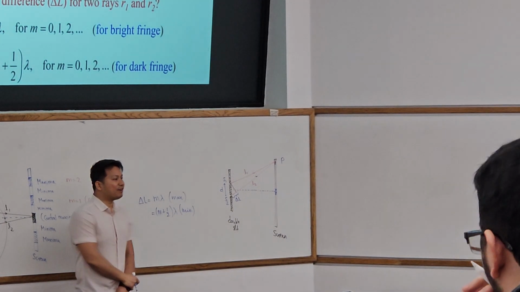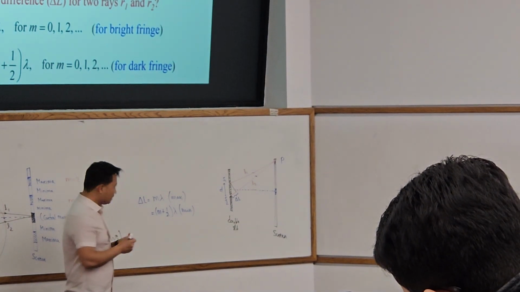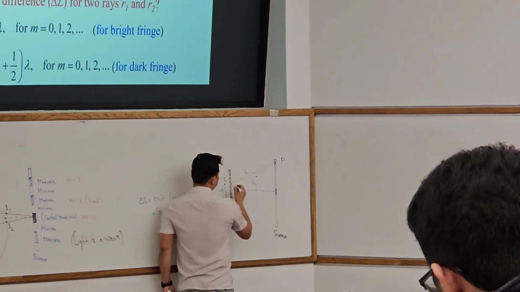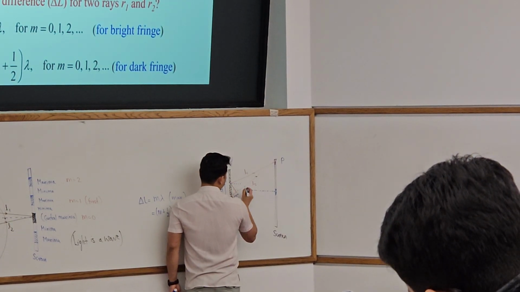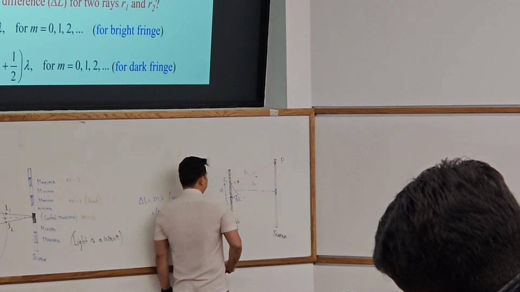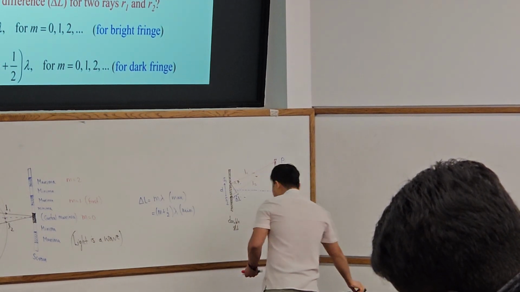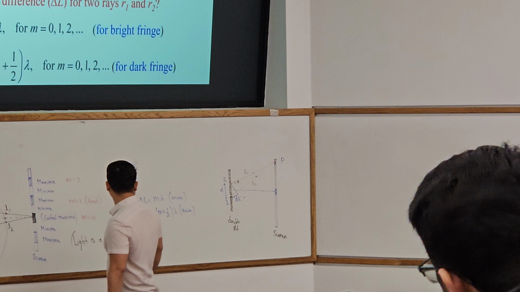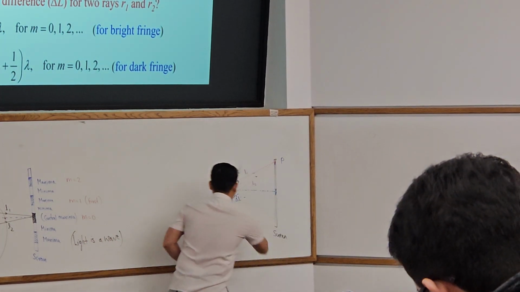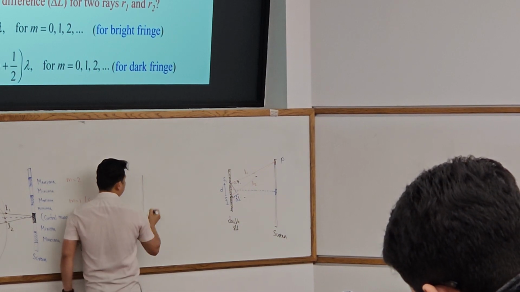So my challenge is to find what delta L is. It is not that difficult. Let's consider a horizontal line, and the line makes an angle theta over here. It's a simple derivation, and I can use this space. Let me draw a small triangle like this.